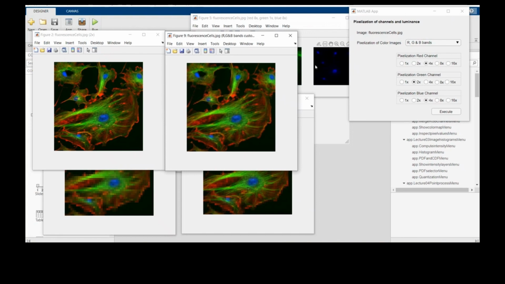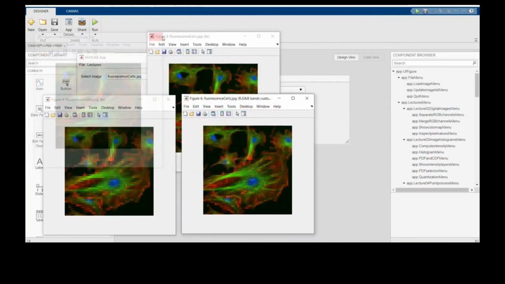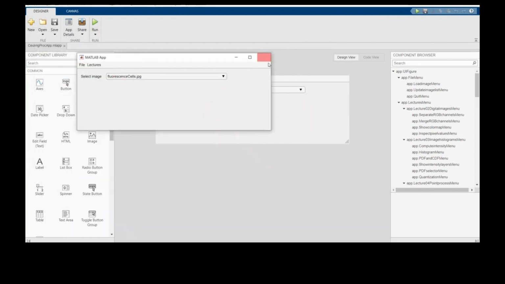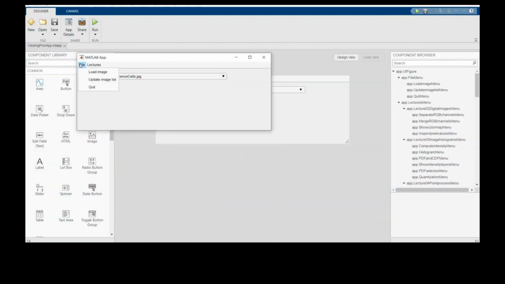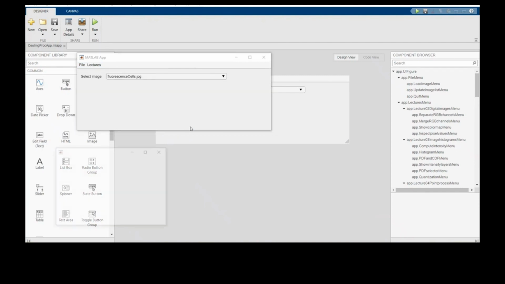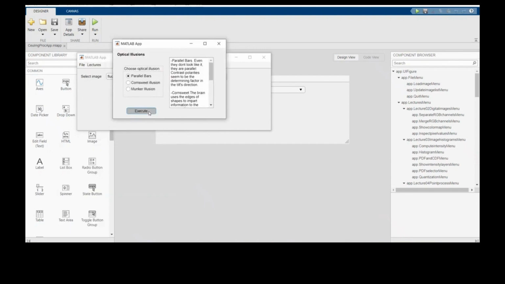Okay, so what else can we do? We still have an image here. Now, all these are optical illusions. So for instance, we can see this one.